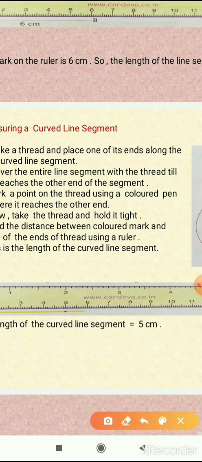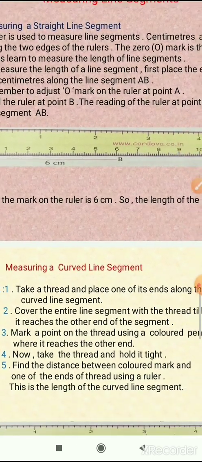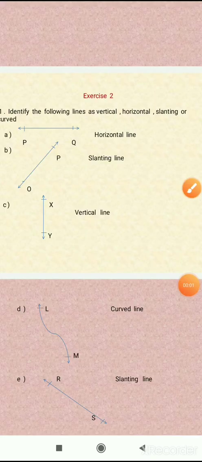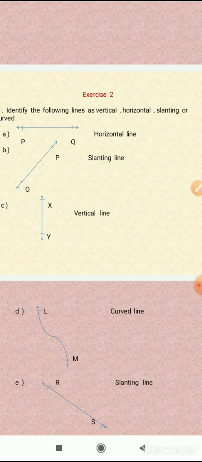So here we have seen how to measure the length of a straight line segment as well as a curved line segment. Now we will solve question number one from exercise 2. Let's see the first question: Identify the following lines as vertical, horizontal, slanting or curved.